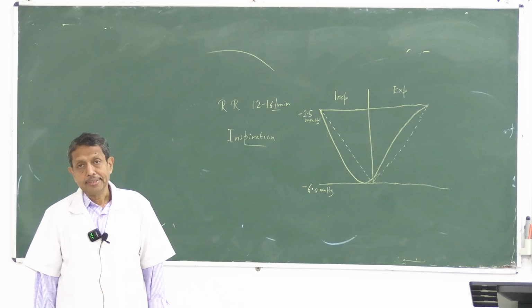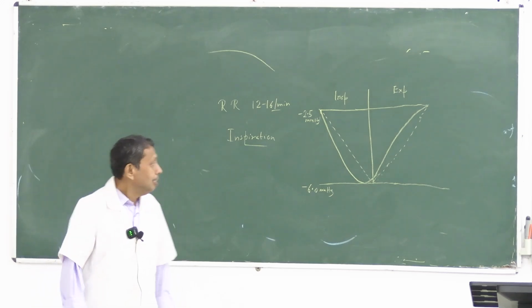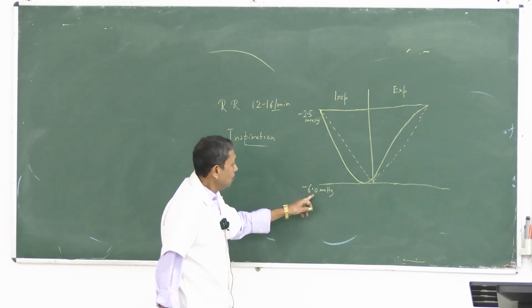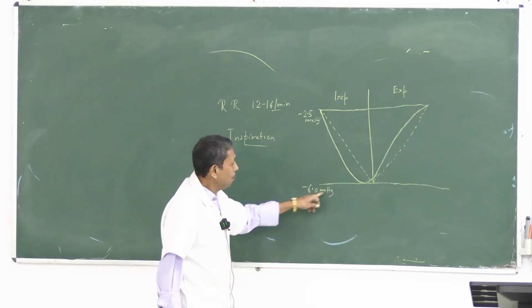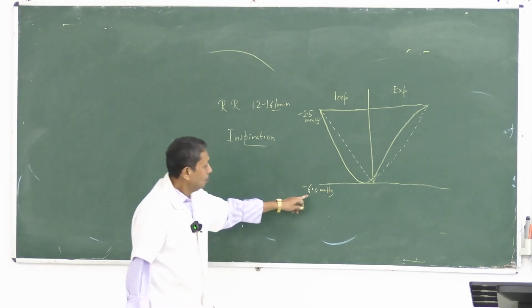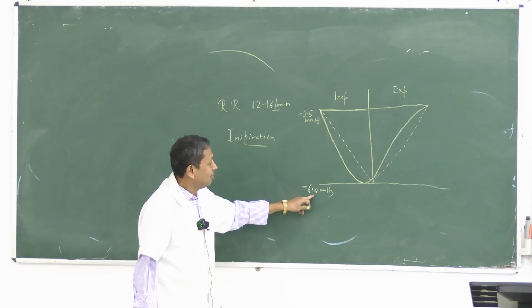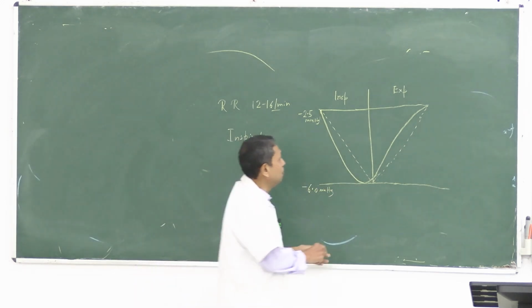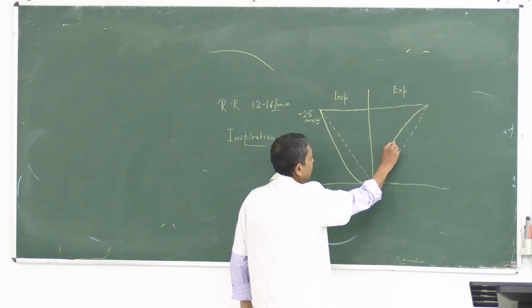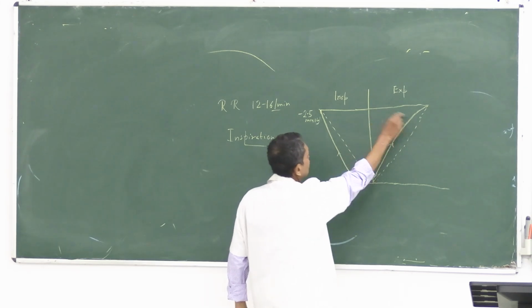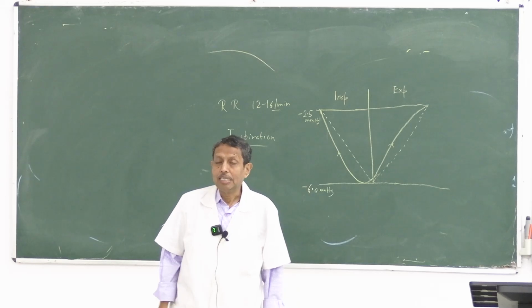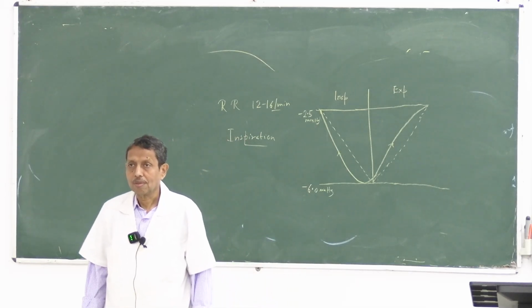Clear? And then in inspiration, the intrapleural pressure will fall, in tidal respiration to minus 6.0, and during expiration it will go back to this original value. You will find this type of figure. It may be asked in the examination.